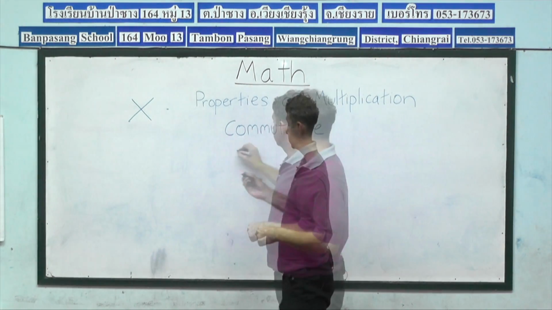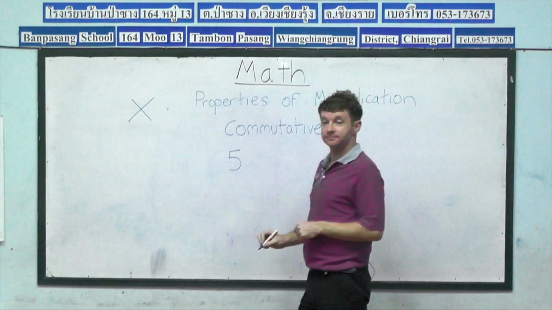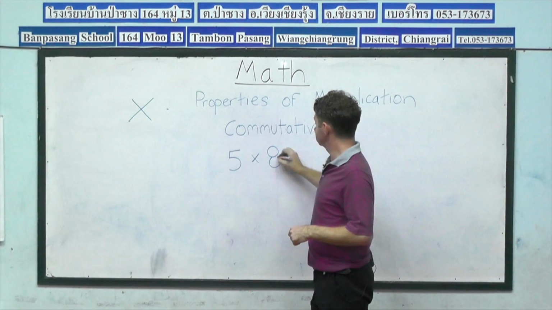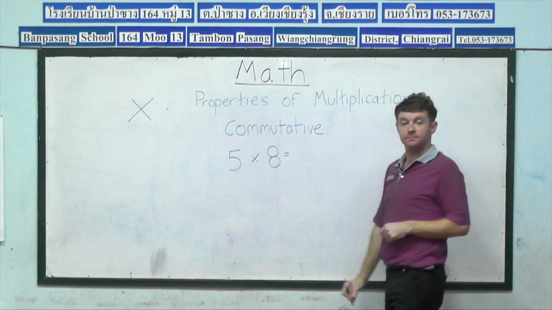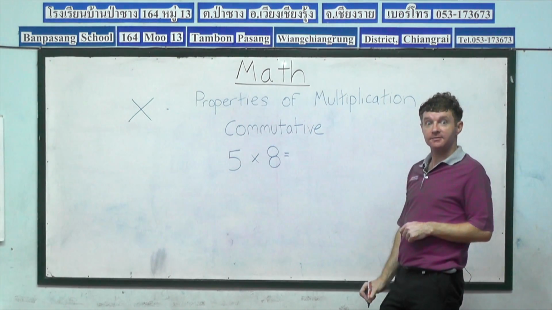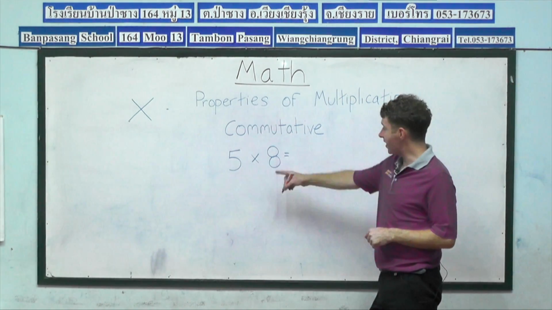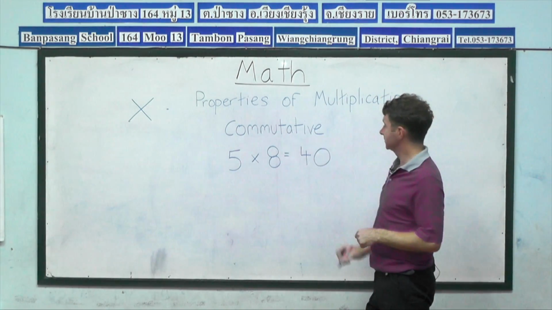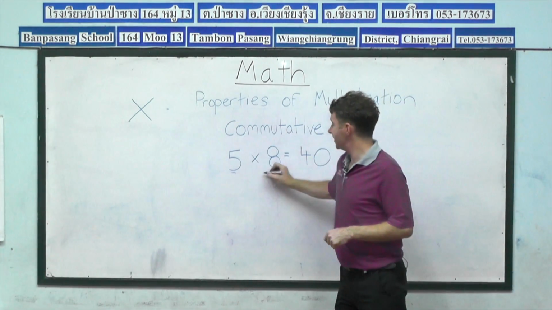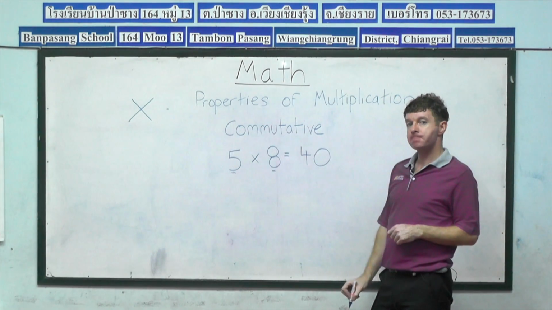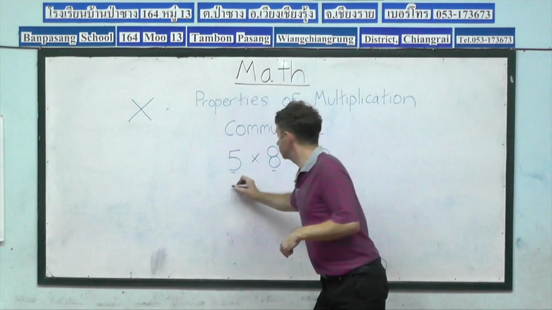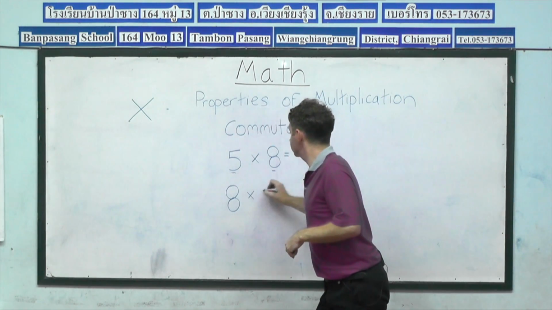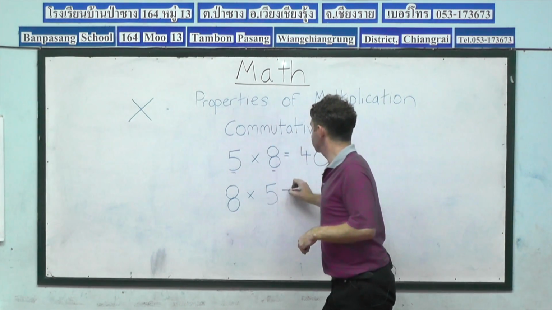For example, 5 times 8 equals, what do we think, guys? 40. 5 times 8 equals 40. Because we're using 5 times 8. But how about if we use 8 times 5?